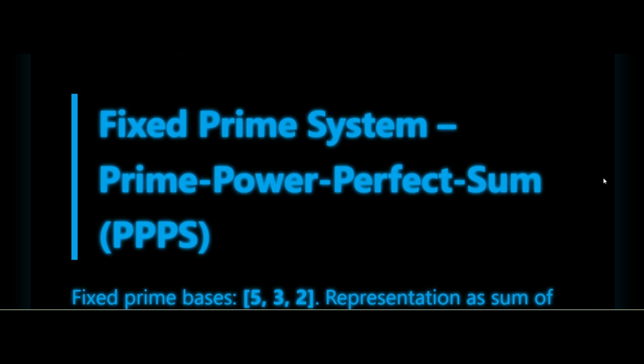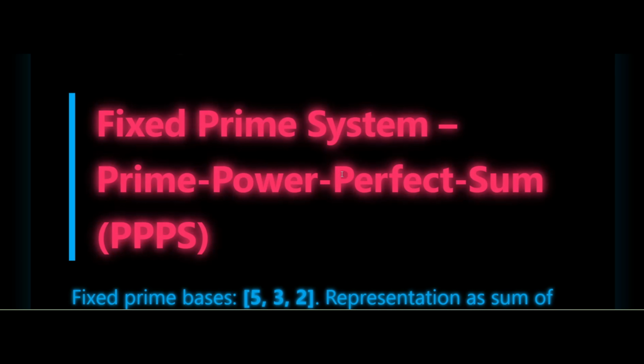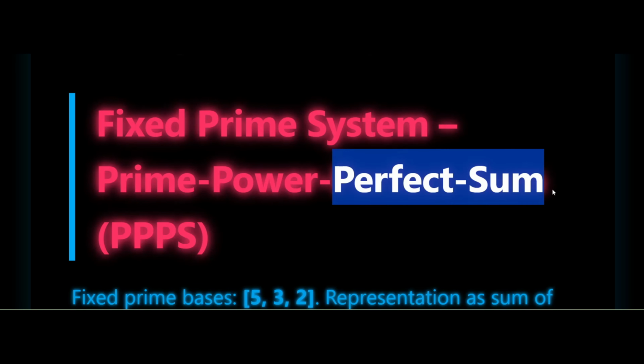So now we're going to utilize a fixed prime system where we will choose our prime numbers from before, and we will only keep the perfect sums. This part is really important: we only represent the numbers using these fixed primes. If a number doesn't have a perfect sum, we are not going to take it for this fixed set of numbers.